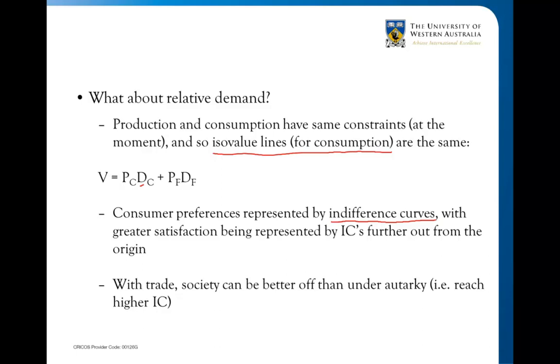We've looked at this before on a previous topic, but here we want to take it a step further. What we're going to show is that society can be better off, meaning on a higher indifference curve, with trade than under autarky.